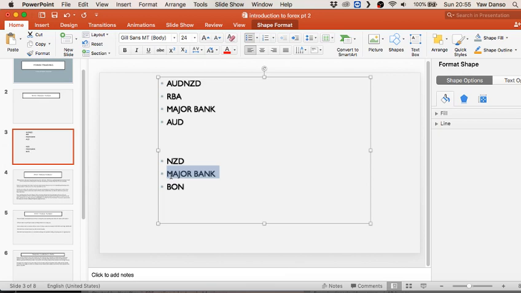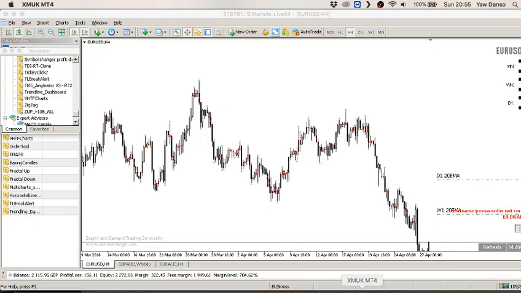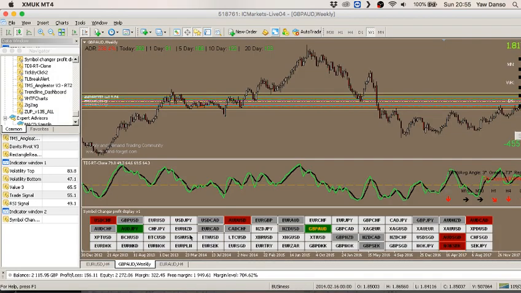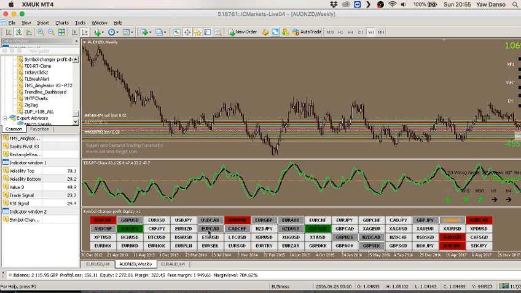Not actually saying, but what they are up to. There are ways to find out. There are websites, there are places to get information about what these two banks are doing. So based on that information, you will know what the pair will do. So this is the two pairs.